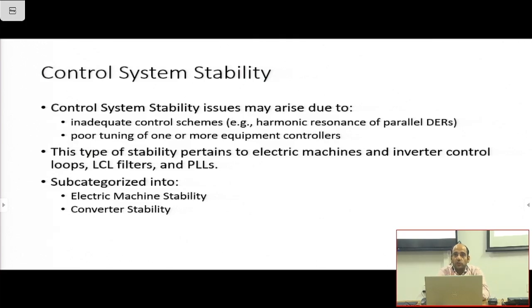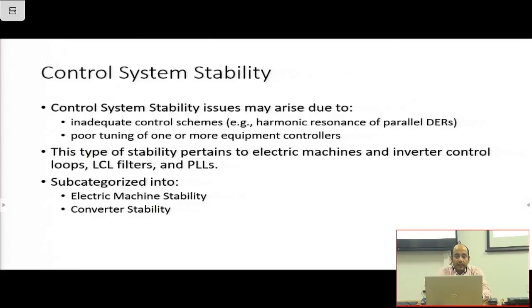The control has to be proper. Try to understand, there are so many controllers. For example, we discussed today the inner loop control, the outer loop, the current control and the voltage control. What if the controllers are not properly tuned? That may lead to control system instability.